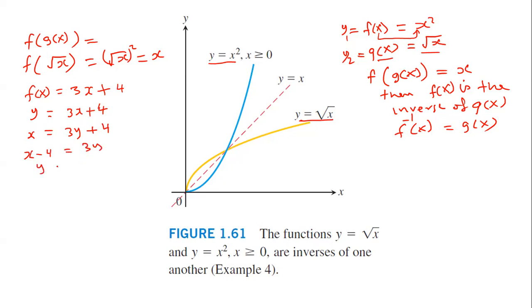So y is equal to what? X minus 4 divided by 3, right? So this is the inverse. So this function is the inverse of this function. We can prove that by taking an example.